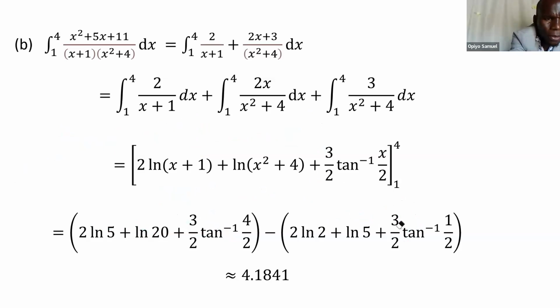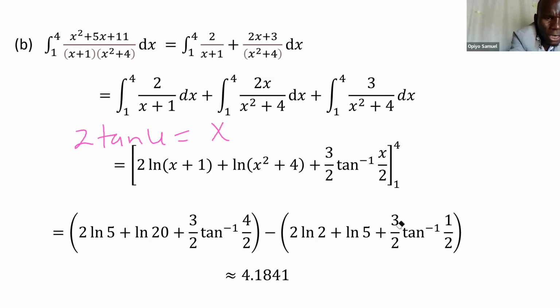Now we have got that 2 tan u equals to x.